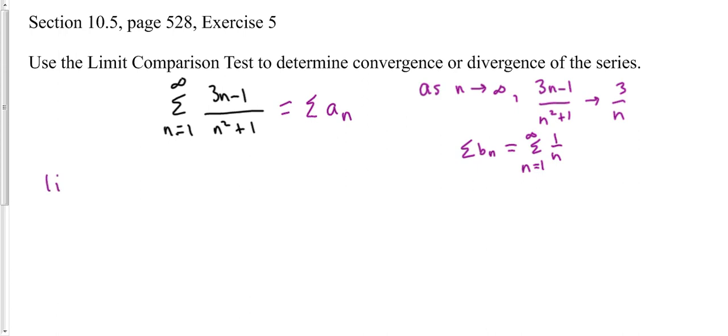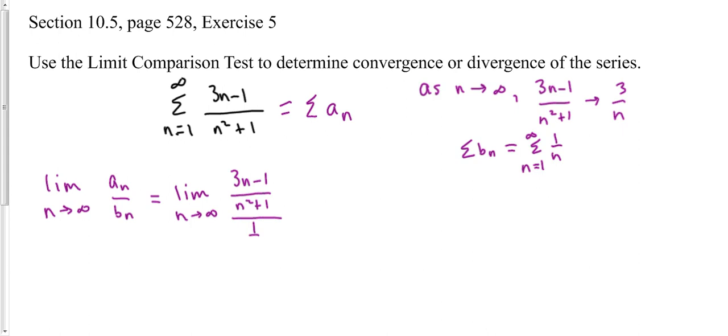And now we can apply the limit comparison test. So we're going to take the limit as n goes to infinity of a_n over b_n. So we're just going to take the nth terms. That's going to be the limit as n goes to infinity of (3n minus 1) over (n squared plus 1) divided by b_n, which is going to be 1 over n.